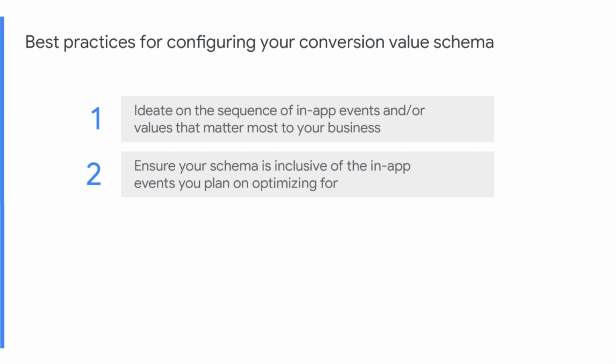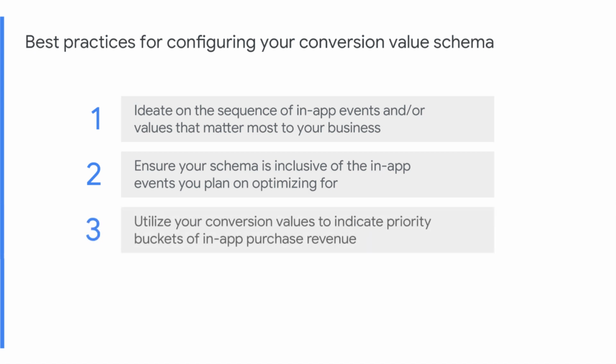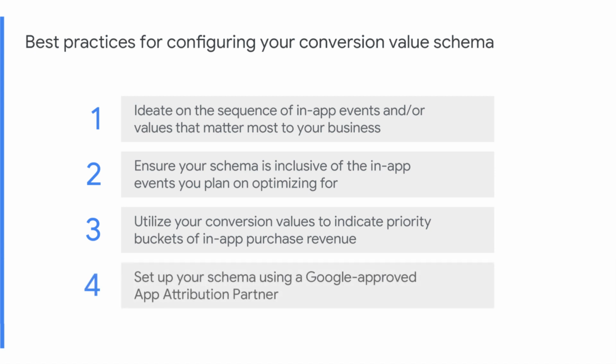And these events are also present as biddable conversion events within your Google Ads conversion settings. Third, if in-app purchase revenue is a priority for your business, utilize some of your conversion values to indicate buckets of in-app purchase revenues that may be relevant. Lastly, if you plan to utilize your conversion value schema across multiple networks, you can set it up with a Google-approved app attribution partner. Learn more about these partners in the linked resources.